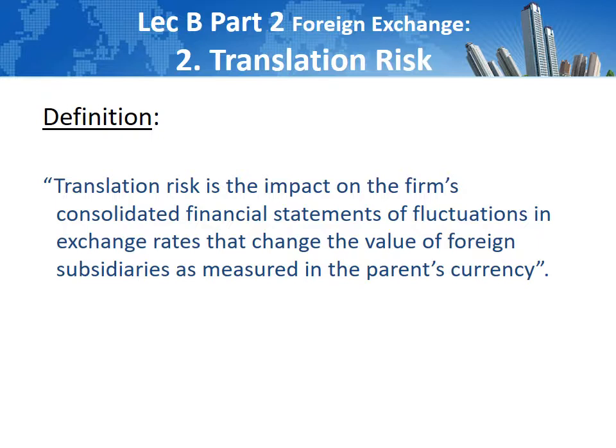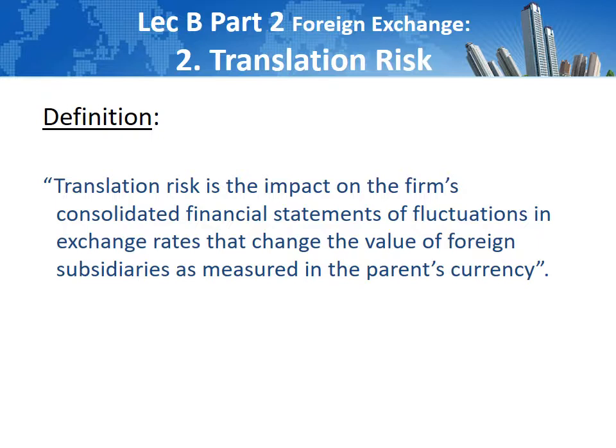So each of those subsidiaries will be operating each financial year, making profits or losses, having assets and liabilities on its balance sheet. And at the end of each financial year, the balance sheets and the P&L of each of those subsidiaries around the world has to be consolidated into one consolidated financial statement in US dollars in the parent country.